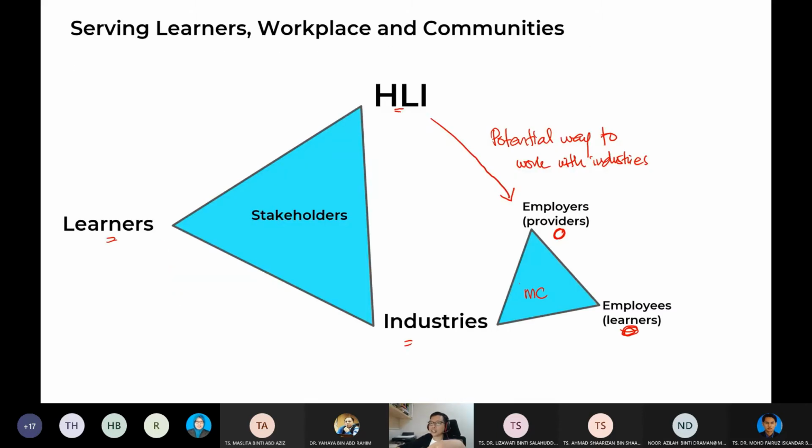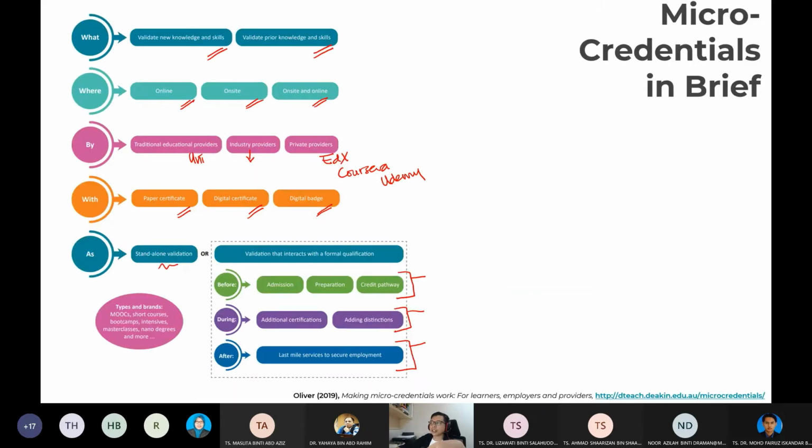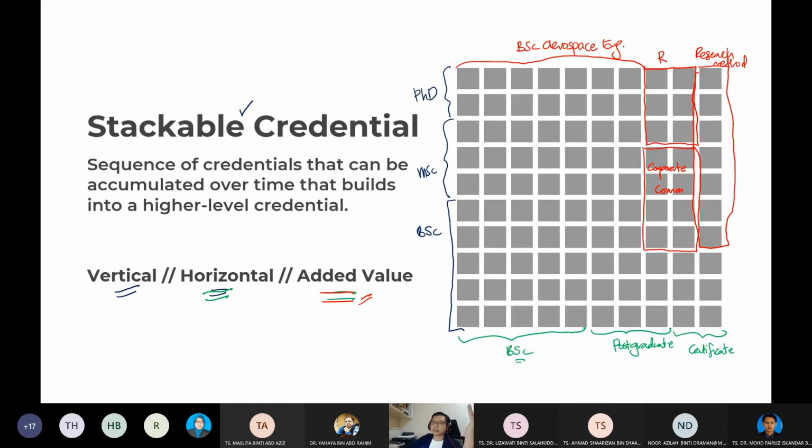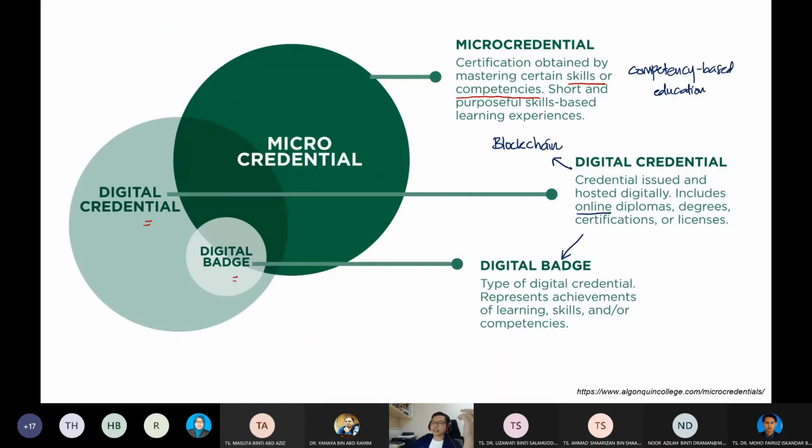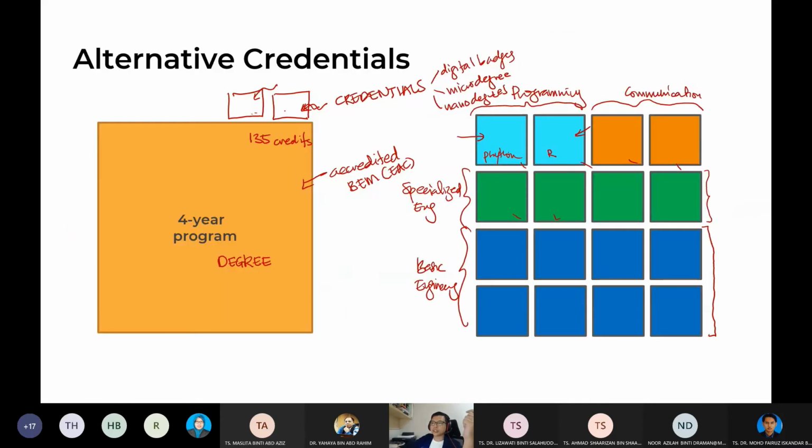How can we serve learners, workplaces and communities better with a micro-credentials framework? And this is just how to explain what micro-credentials and all its components are. Stackability. Digital credentialing, digital badges, and the difference and relations between those and micro-credentials.